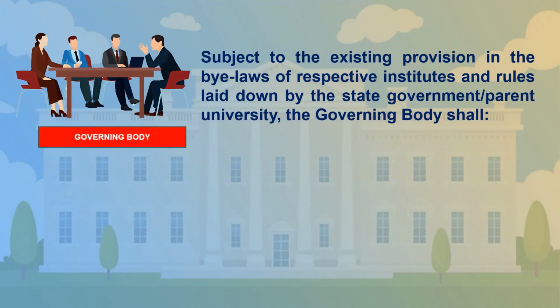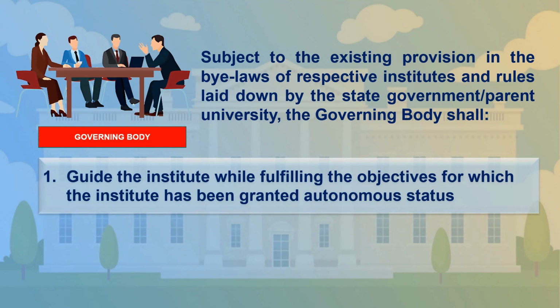Subject to the existing provision in the bylaws of respective institutes and rules laid down by the state government and the parent university, the governing body shall first guide the institute while fulfilling the objectives for which the institute has been granted autonomous status.